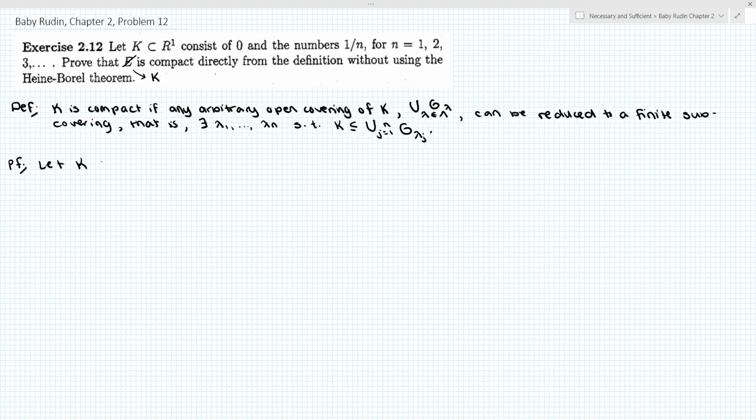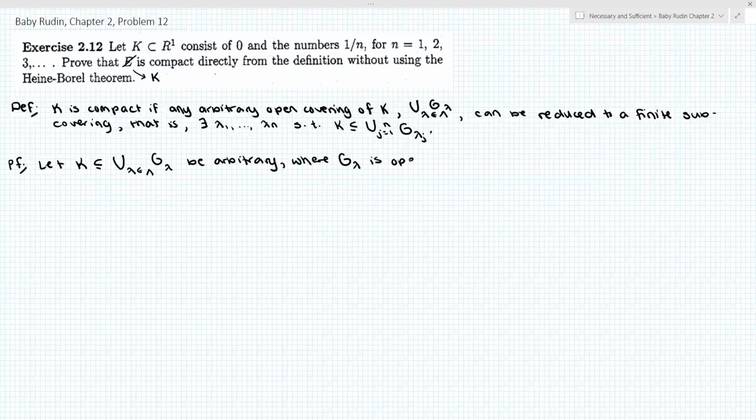Let K be a subset of the union over lambda in capital Lambda of O lambda, be arbitrary, and where O lambda is open in R for all lambda in our indexing set.